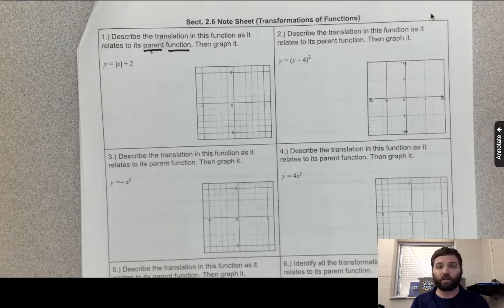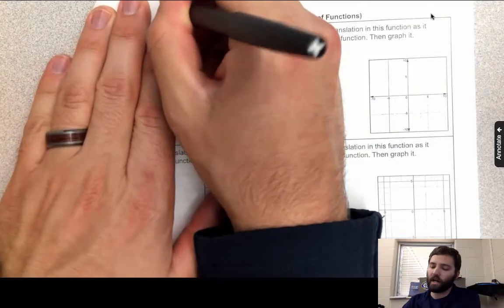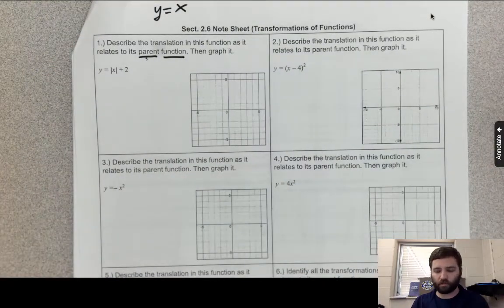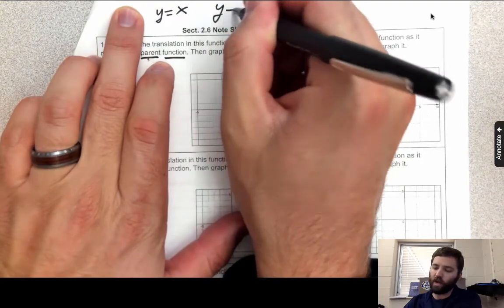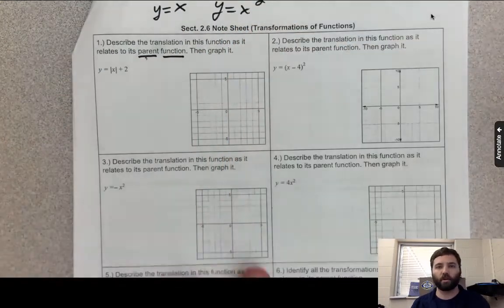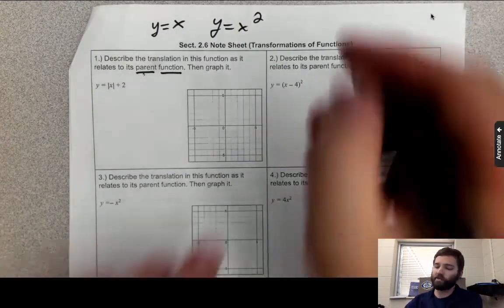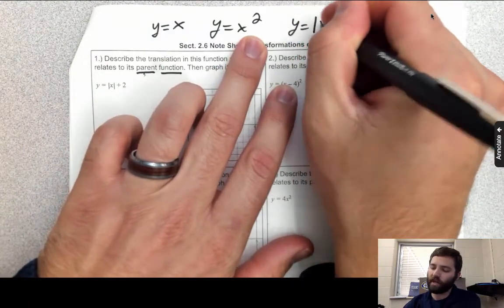And the parent linear function is y equals x. That's the simplest version of a linear function. The parent version of a quadratic function, so a parabola, is y equals x squared. The parent function of absolute value is y equals absolute value of x.